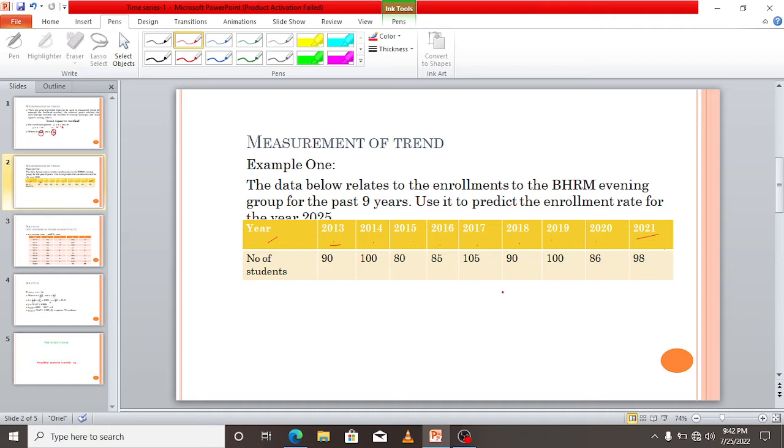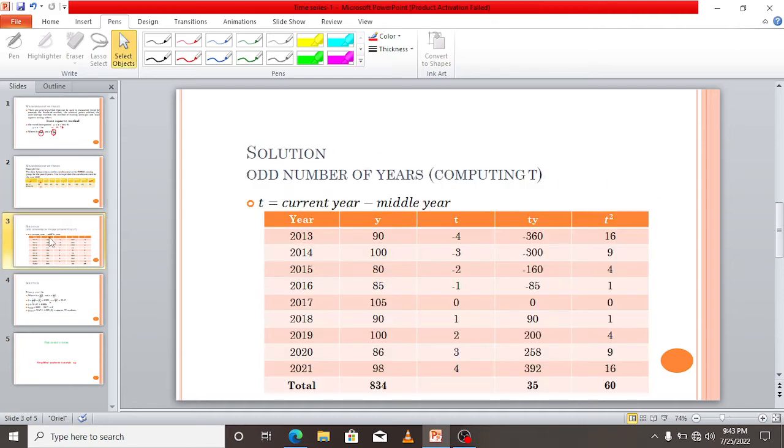In 2013 we are 90, 2014 100, up to 2021, which is 98 students. Okay, so our task, so we are going to represent that using a table and define those variables a, b, and t, plus the corresponding ones.